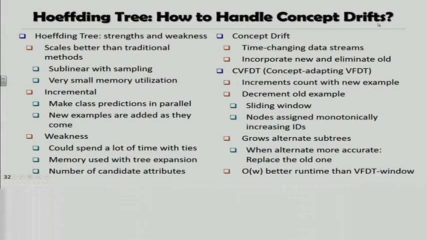Concept drifts means originally you build this tree, it works for old data. But things are changing. Your tree may not fit the new coming data anymore. The tree has to be modified. Sometimes the tree has to be thrown away to get a different tree. The problem is you have a limited memory and the things are coming dynamically.